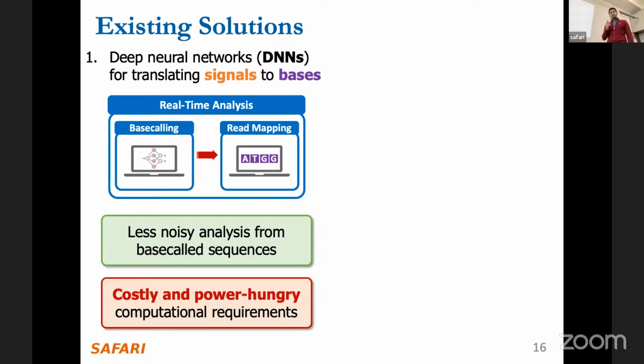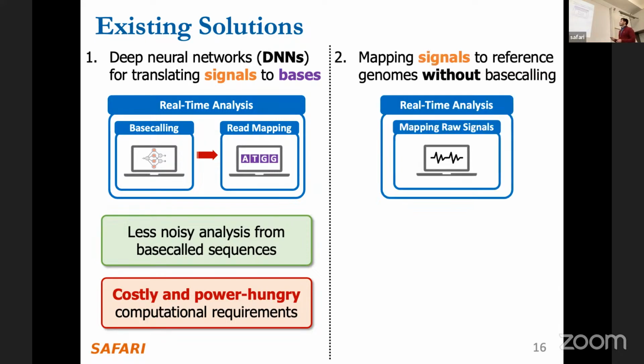The advantage of this approach is that it provides less noisy, meaning more accurate, analysis from base-called sequences, but this is usually very costly and power hungry. It requires costly and power hungry computational approaches.